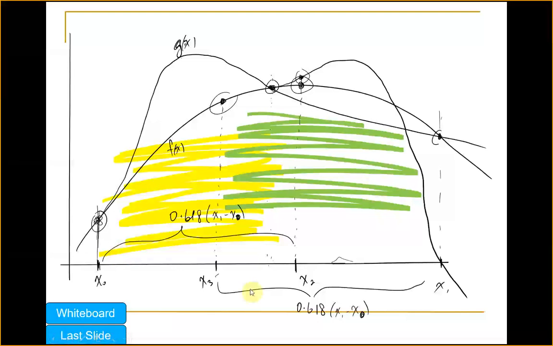And from here to here is 61.8% of from here to there. Alright, Orlando? Yes, sir. I understand. Okay.